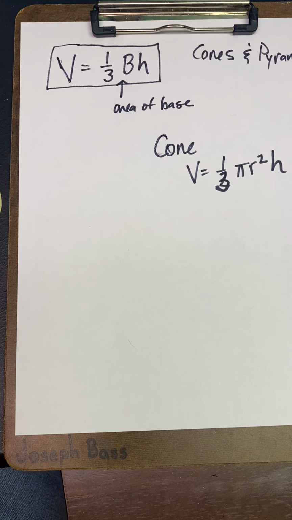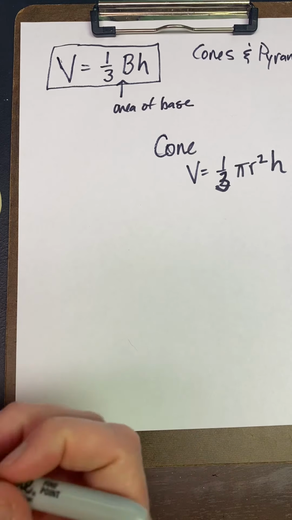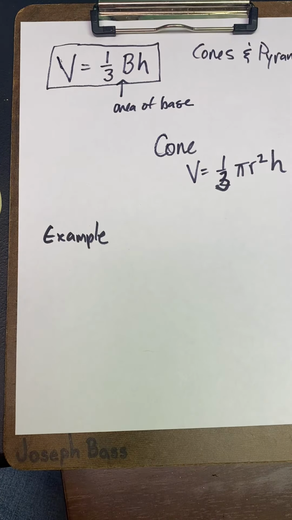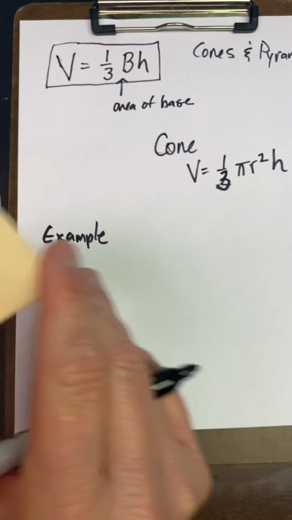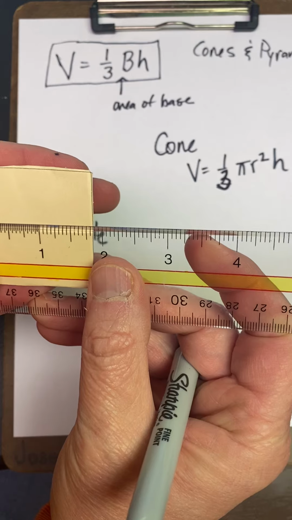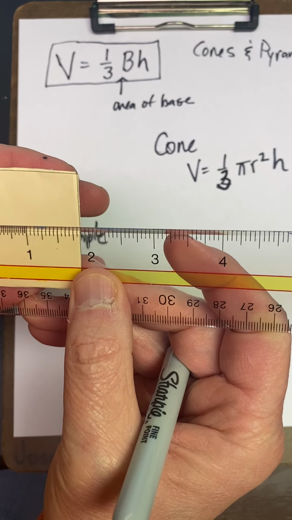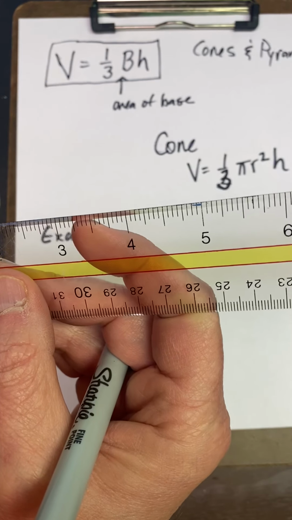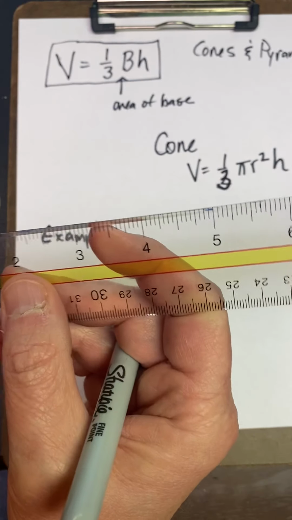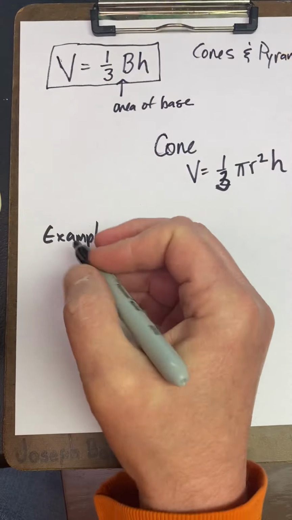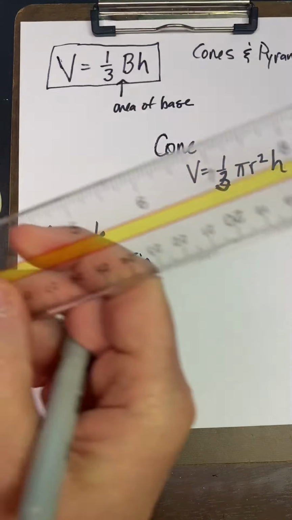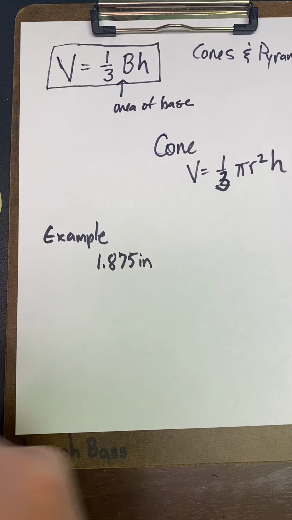So if I want to find the area of that base, the volume of my example pyramid, that base has, was it 1.875 inches was the length of the base, and then that's the same thing, right?